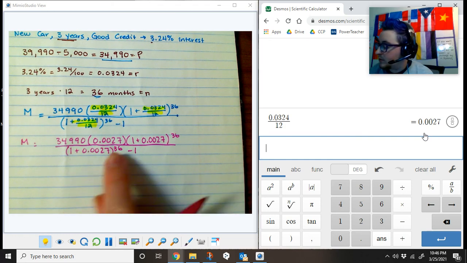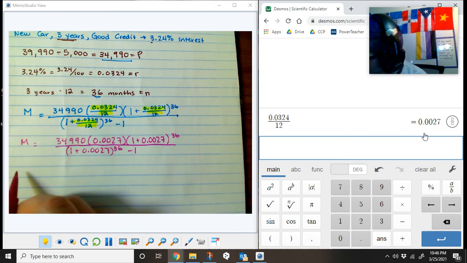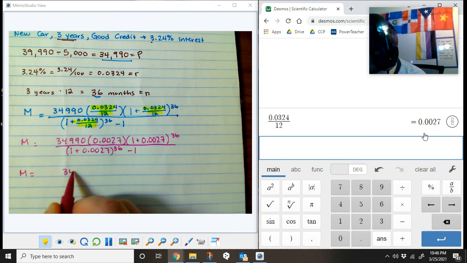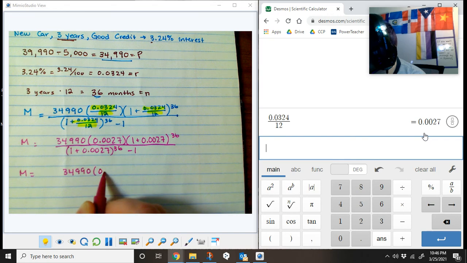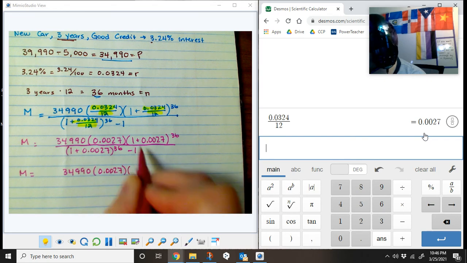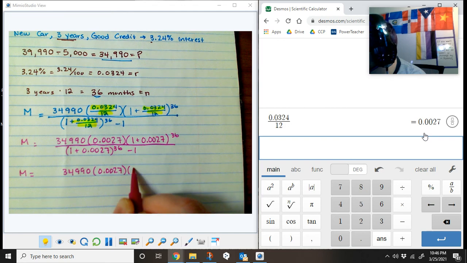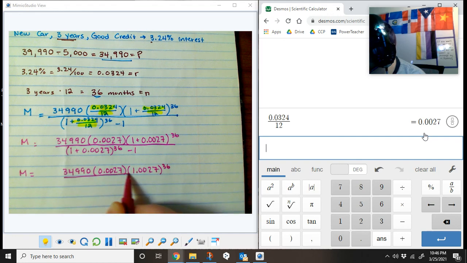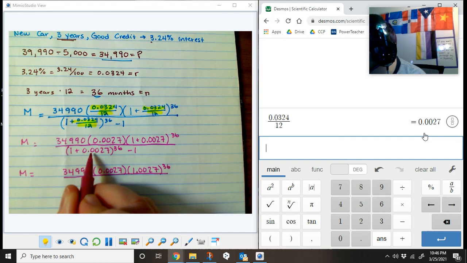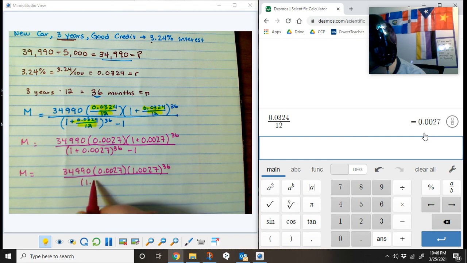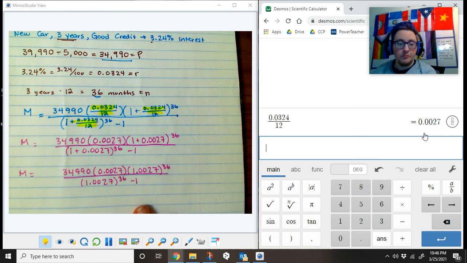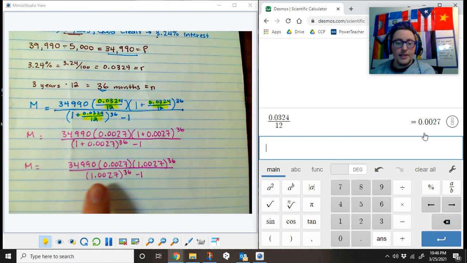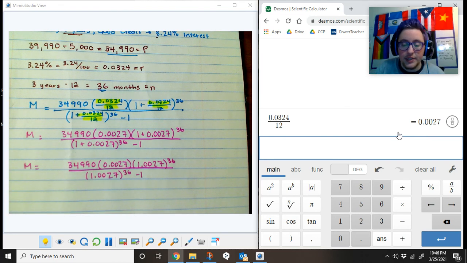The next thing we can do, why don't we add inside these parentheses? So that would be 34990 times 0.0027. 1 plus 0.0027 would just be 1.0027. Same thing on the bottom. 1 plus 0.0027 would just be 1.0027 to the 36 minus 1. All right, let's try to take care of that exponent. I'm going to use Desmos because I certainly don't know what that would be to the 36th power.